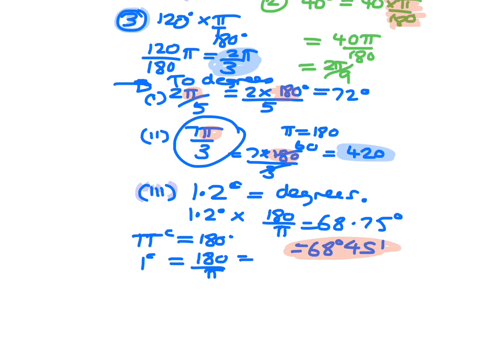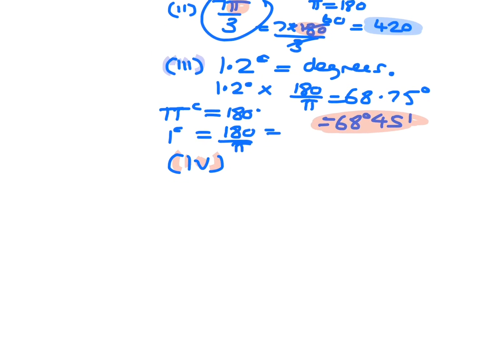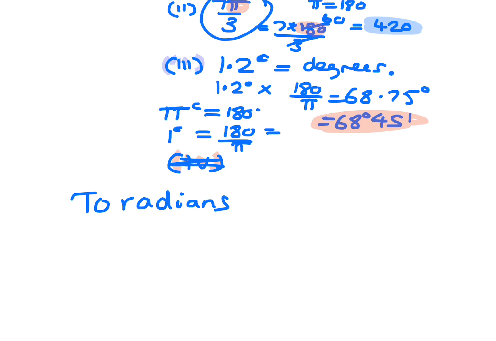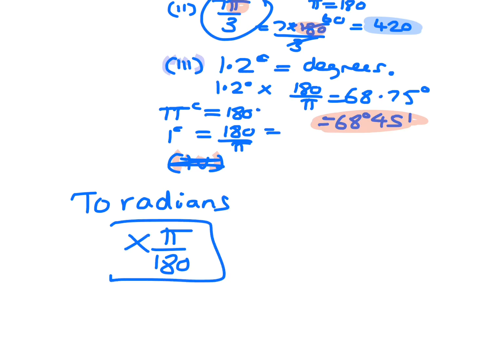So anything you have, if you want to change it to radians, you times by pi on 180. And if you want to change it to degrees, you times by 180 on pi. So let's just look at a couple of things. 2 radians, you times by pi on 180.